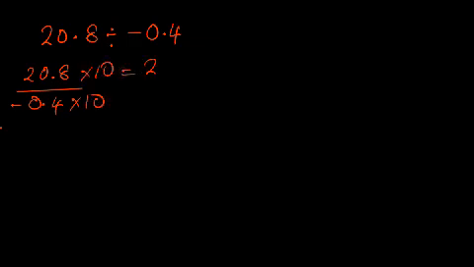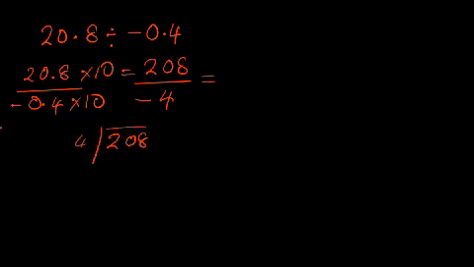So the question changes to 208 divided by negative 4. So our answer will be negative, since the dividend is positive and the divisor is negative. Only one number is negative, so the answer will be negative.